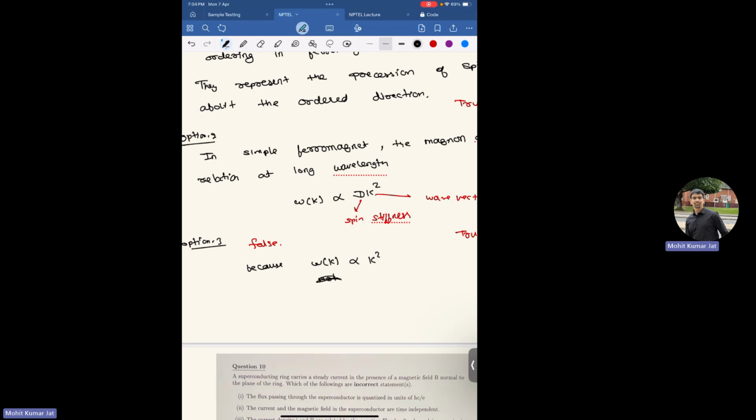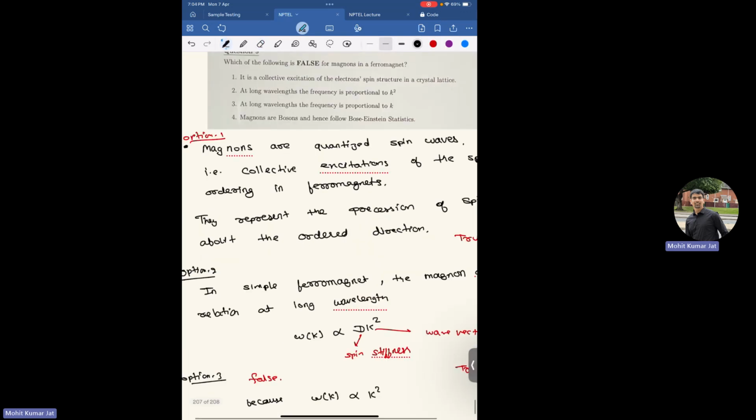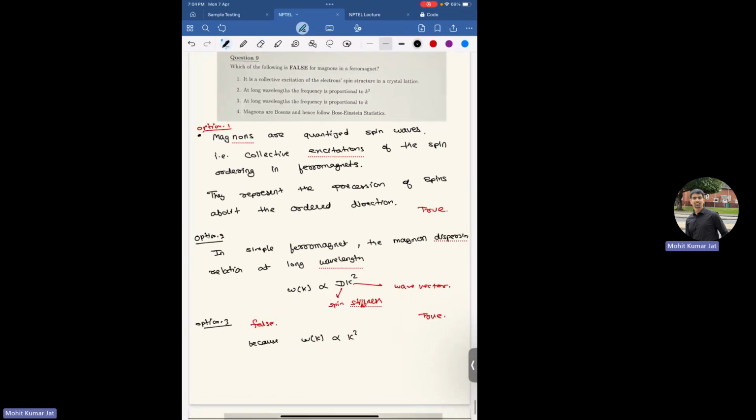Okay, this is fine. So this is false. Magnons are bosons and hence follow Bose-Einstein condensate. This is absolutely true. Magnons are bosonic quasi-particles and they obey the Bose-Einstein statistics. This leads to phenomena like magnon condensation at low temperature.